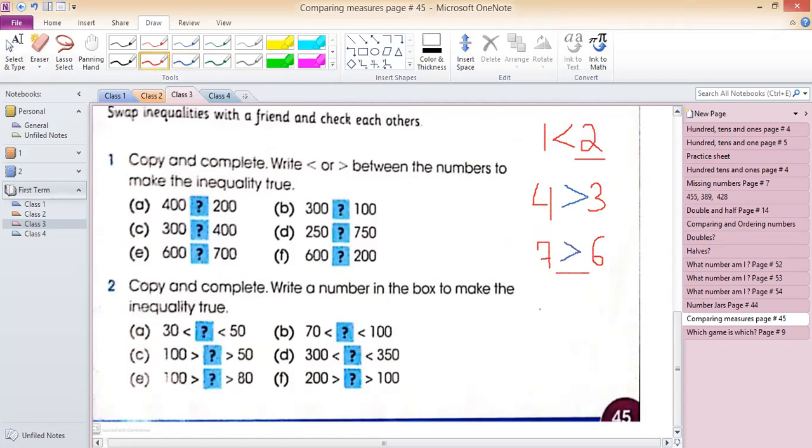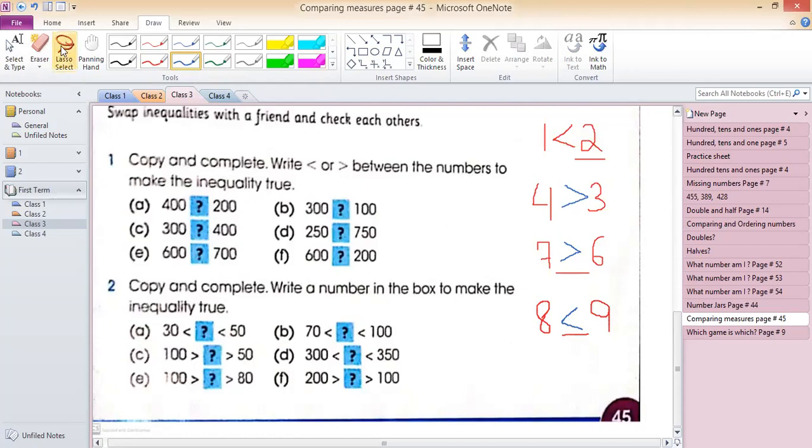Let's suppose I say 8 and 9, which sign should we use here? 9 is bigger, that's why we will open the mouth of this sign in front of 9. 8 is less than 9, or 9 is greater than 8. 7 is greater than 6. 4 is greater than 3 and 1 is less than 2. Right? So in that way, we have to find out which number is bigger, and use these signs.